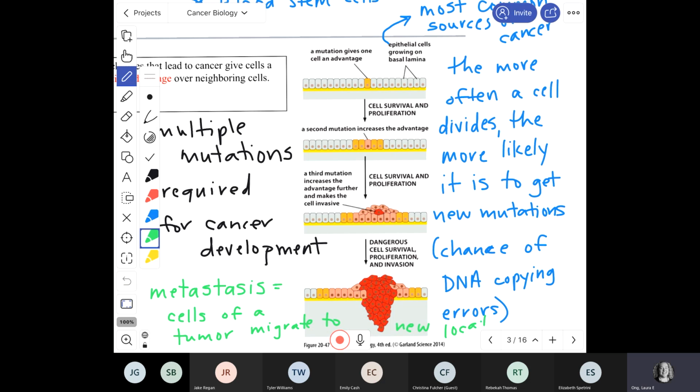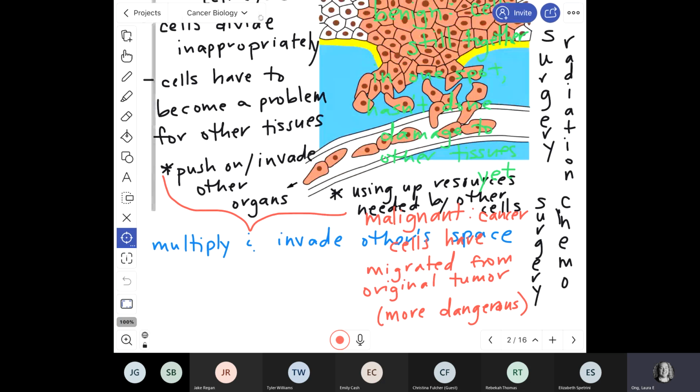That's metastasis. So this tumor is still together in one clump. It is invading other tissues, but it has not yet undergone metastasis. So looking back at this picture, this is metastasis, where the cells have left the original mass and they're migrating to new tissues.